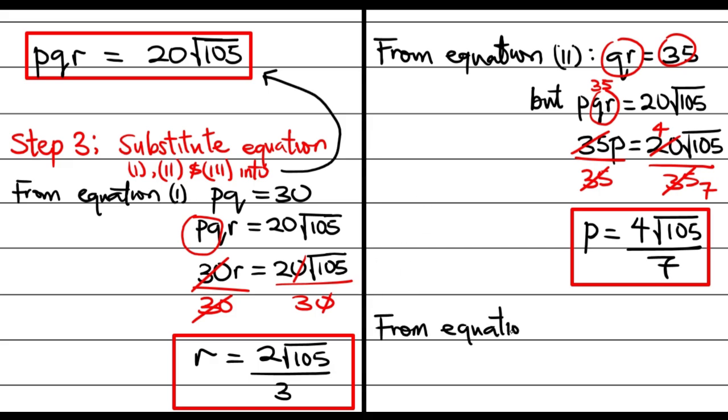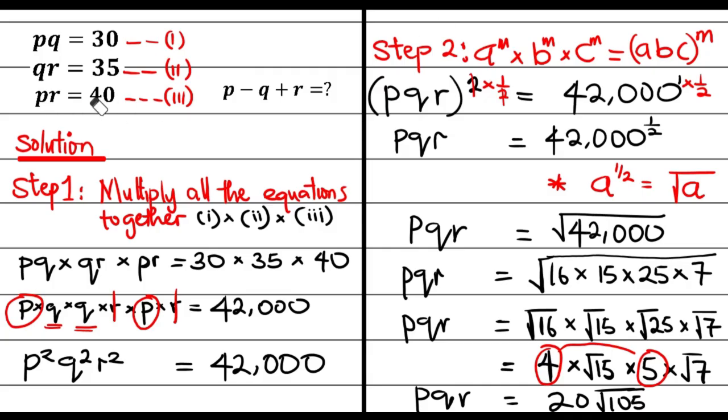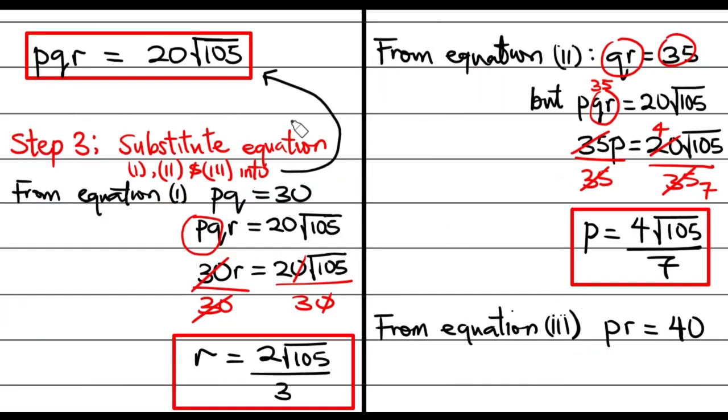From equation 3, from the question, PR is 40. We can check that PR is 40 from the question. We can also record that PQR is 20 root 105. So we're going to say PQR equals 20 root 105.